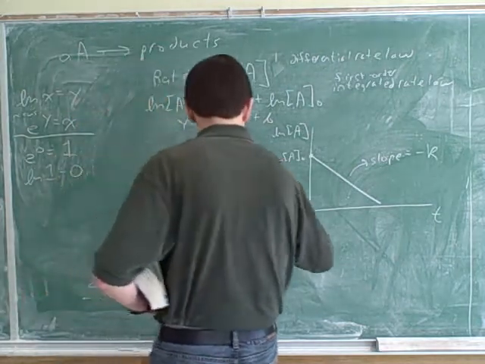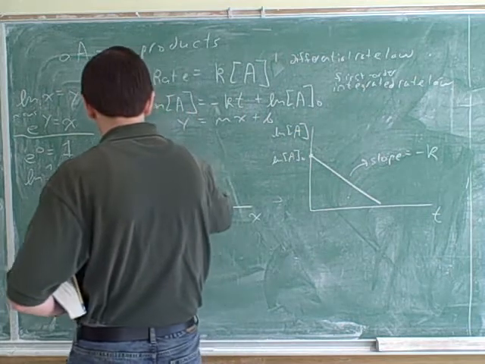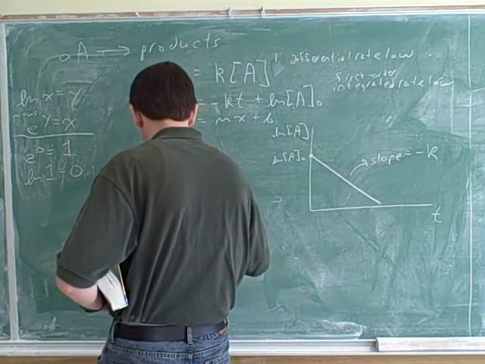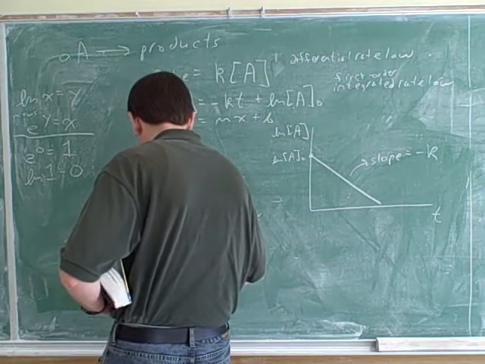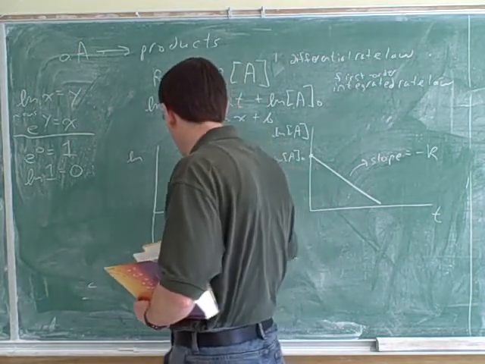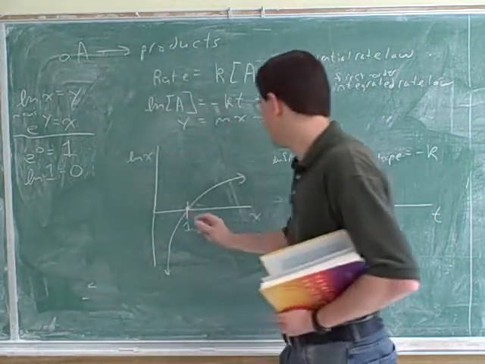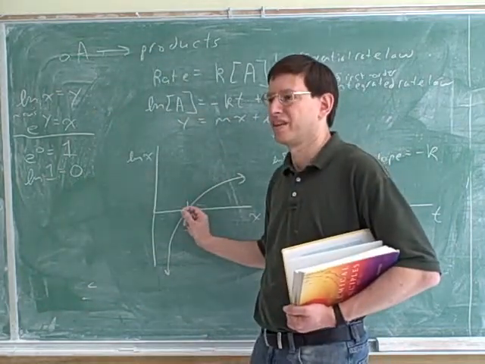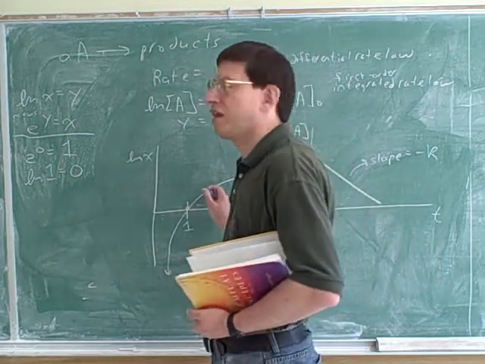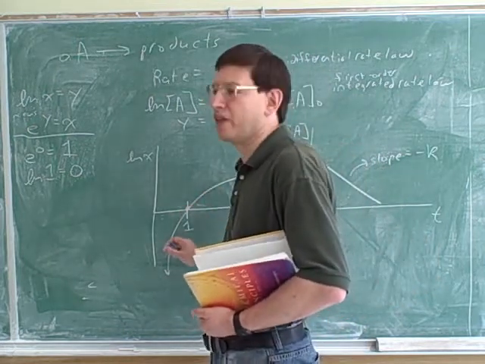Logarithms look like this. Notice that the log of 1 is 0. Also notice that as x gets bigger, the log gets bigger, and as x gets smaller, the log gets smaller.